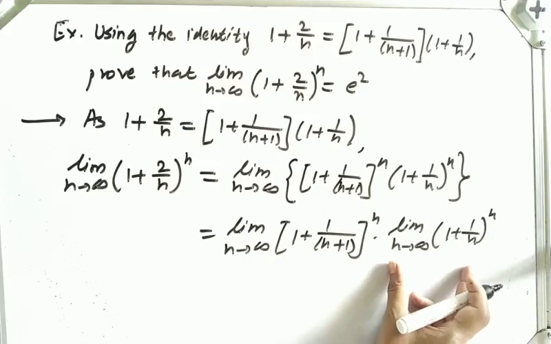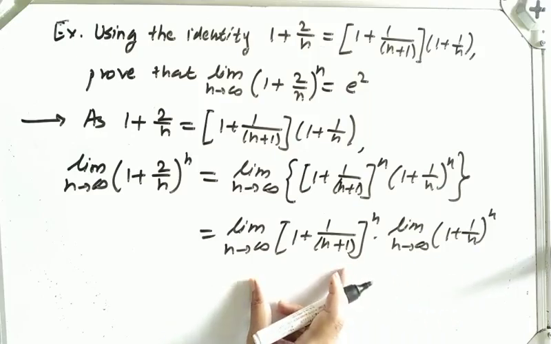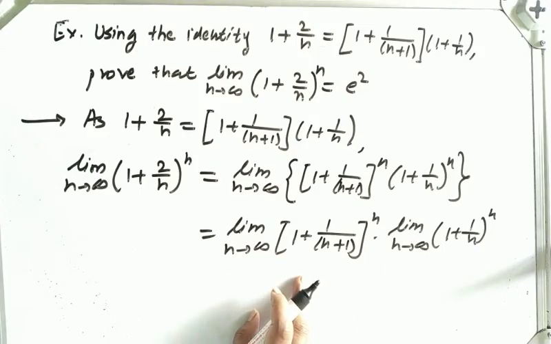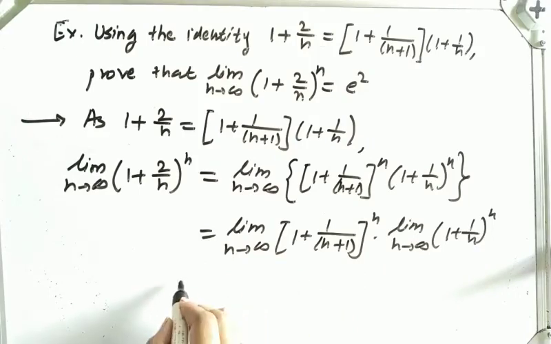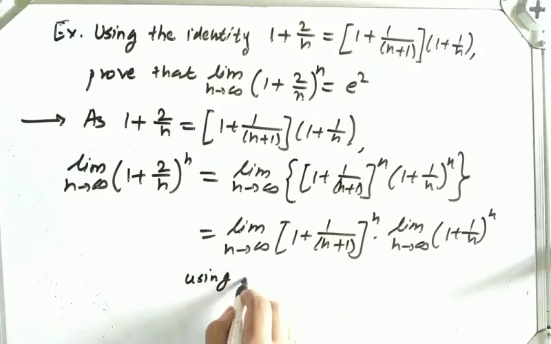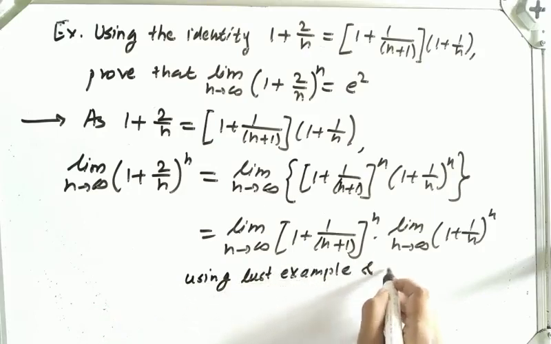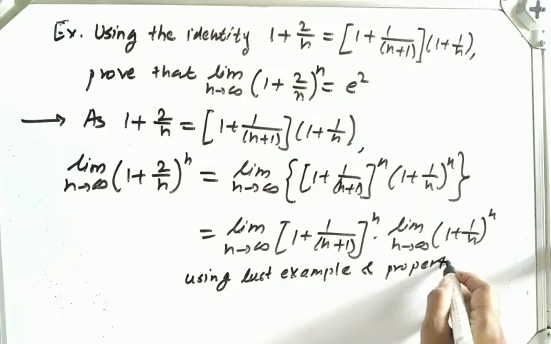We know that limit n tends to infinity of (1 plus 1 upon n) raised to n is e. This is a property. And in the last example, we proved that limit n tends to infinity of (1 plus 1 upon n plus 1) raised to n is e. So using the last example and the property, what do we get?